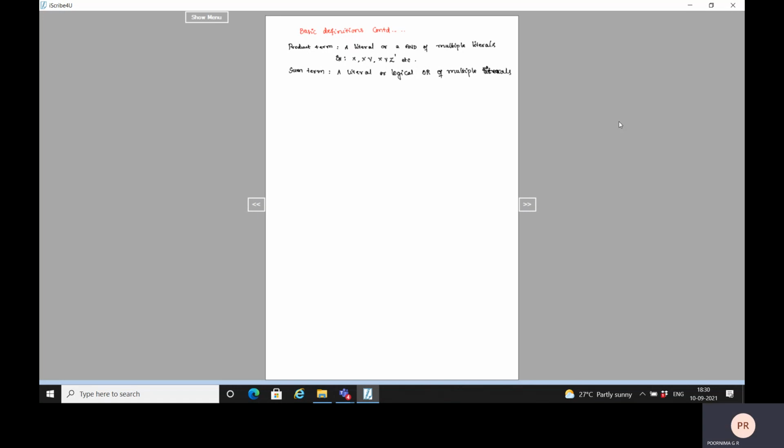A literal can be in the form of a variable or its complement.